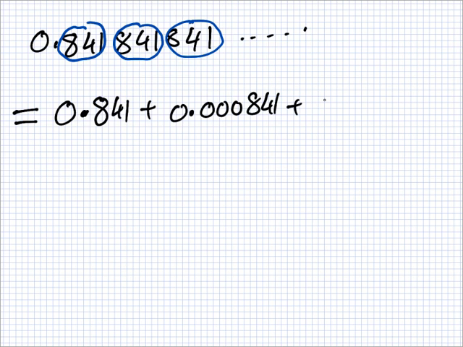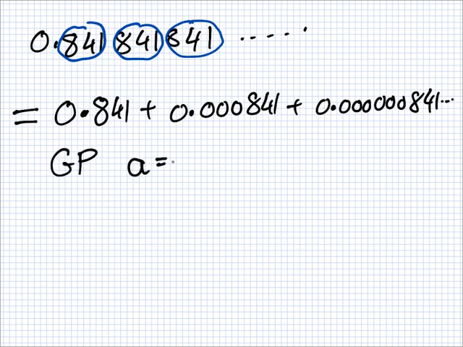Okay. And then the next one, you. 6 zeros. Good. 841. Good. Now you don't have to write it as a fraction if you can trust that this is a GP. This will be a GP. What's the a? What was the a here for this one?